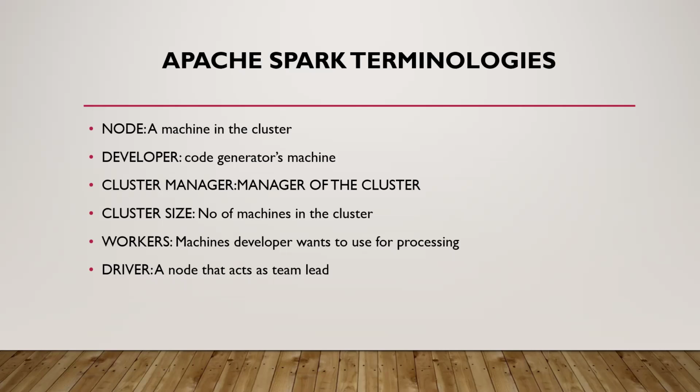That driver will have functions that it will be performing. Management of the entire process is its job, and it is the cluster manager that assigns the computer that will work as your driver.